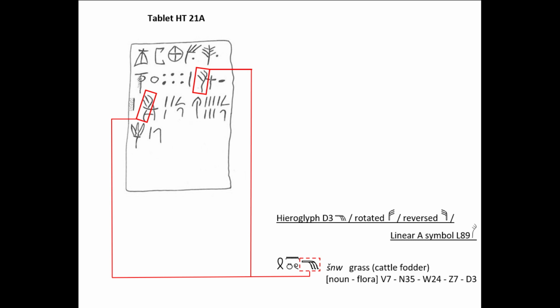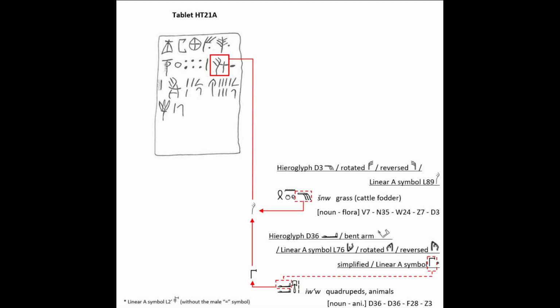And linear B assists us here again, as one of the collective nouns used in linear B for animals is quadrupeds. In the second category on the tablet, the symbol for fodder is joined to what looks like a cross in the sketch diagram, but is in fact more akin to a vertically mirrored capital letter L. Now, the Middle Egyptian word for quadrupeds is written beginning with hieroglyph D36, an arm.